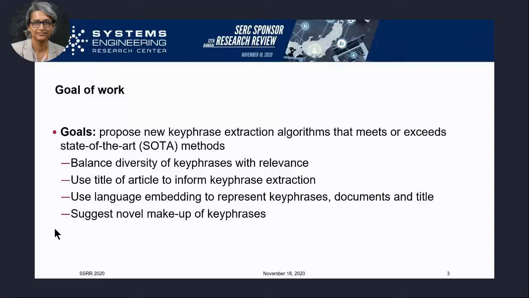Well, we can have key phrases that are very close to each other in meaning. And so having 10 of those is not going to give you an extra in-depth idea of a document, whereas having them be as diverse as you can while still being relevant to the document, that has more value. So trying to get a balance between diversity and relevance is important.